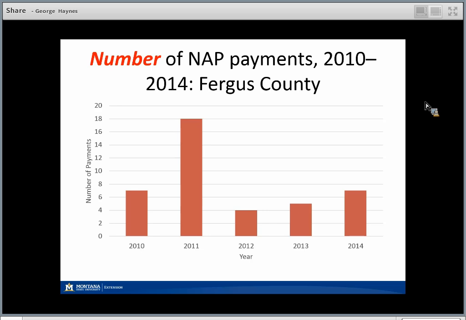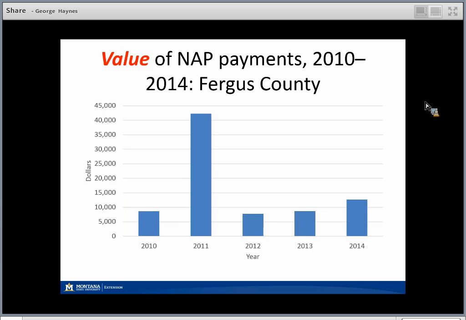But on the other hand, for those people that need something to undergird what's going on in their business to make sure they don't hit that year when they just don't have any revenue, NAP insurance can be a good thing. NAP payment values are relatively small as well, only $40,000 in the highest year that Fergus County has had in the last several years, and then a little over about $12,500 or so paid out in 2014.